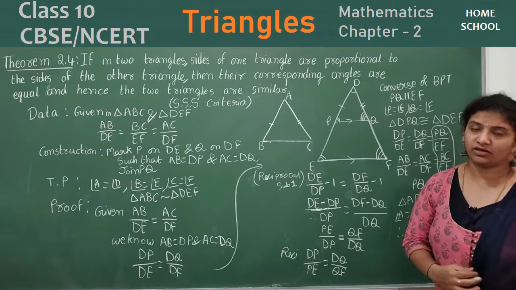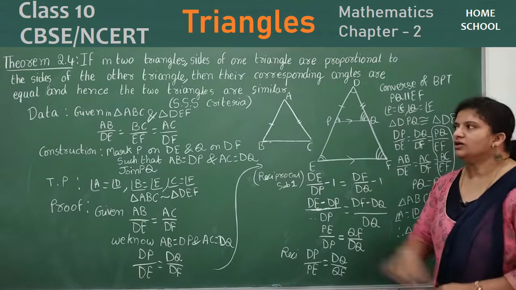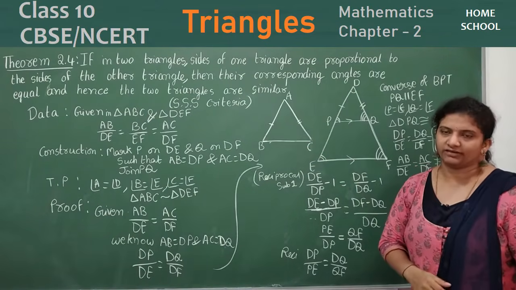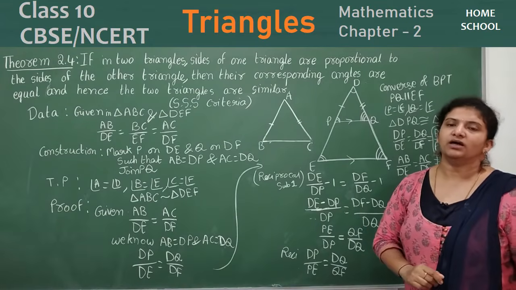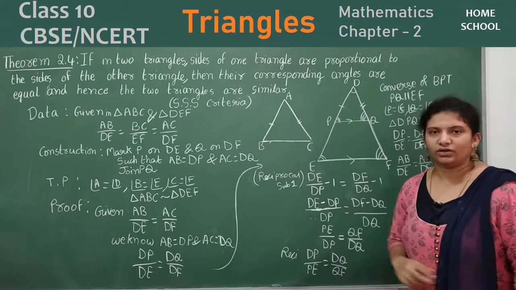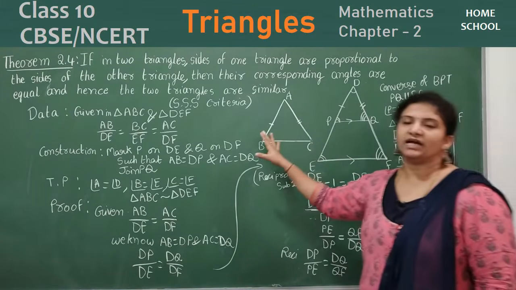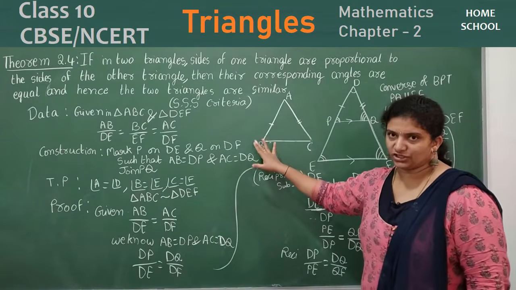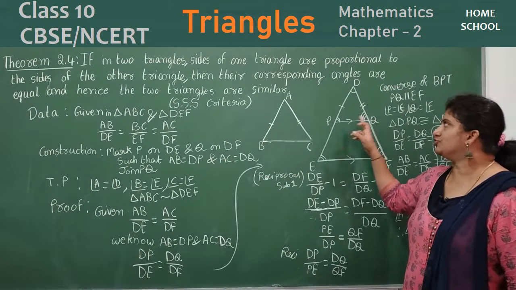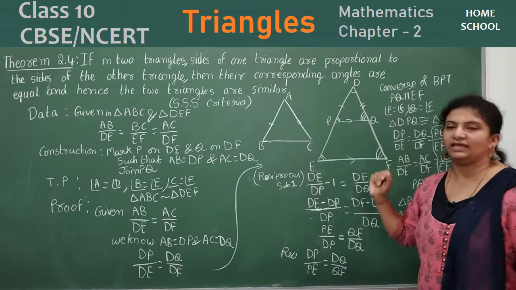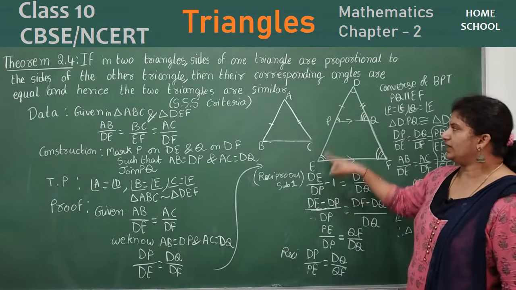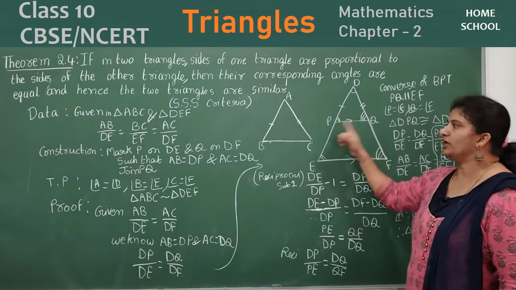Once again, have a look here. This theorem is also important. So, two triangles are given, and their corresponding sides are in proportion. This makes the two triangles similar. How can you prove it? By making the corresponding angles equal, you need to prove this. So, we started our proof by considering the given ratio. Okay, so we have done a construction. PQ is a line drawn on DE and DF, such that we mark P on DE and Q on DF and join PQ.